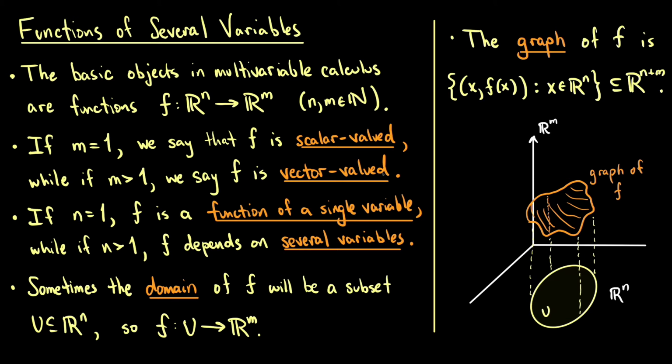We can still imagine that the graph of f is some kind of surface that comes out and is above this domain U, and its height represents the element of Rm, where the point x here would get mapped to somewhere on the surface here, f(x), where f(x) is represented on this Rm axis. Even though this cartoon doesn't really represent reality, it's still helpful to think in terms of graphs sometimes and to use our intuition in low dimension.